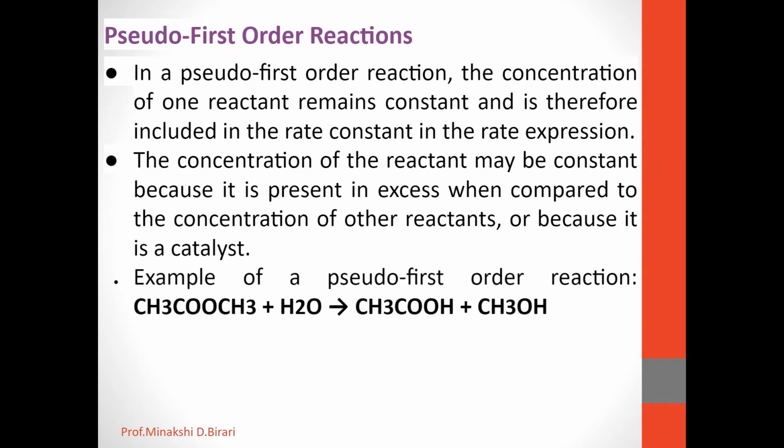For example, a pseudo first order reaction, that is CH3COOCH3 plus H2O gives the formation of CH3COOH plus CH3OH, that means acetic acid plus methanol, the formation of the products. In this reaction, the concentration of one reactant remains constant and therefore it is included in the rate constant in the rate expression, which is called a pseudo first order reaction.